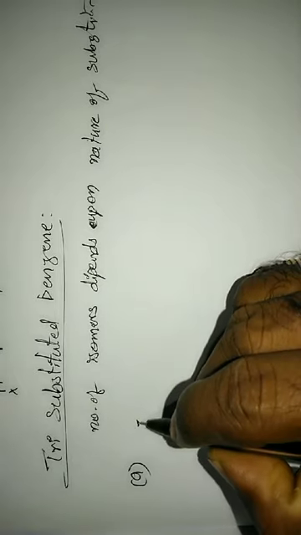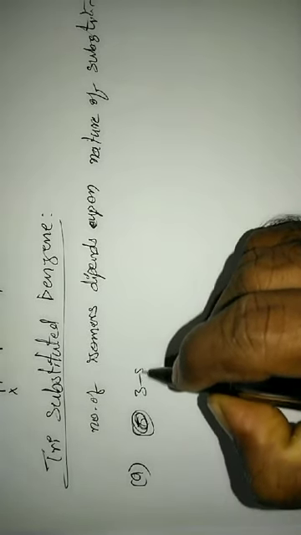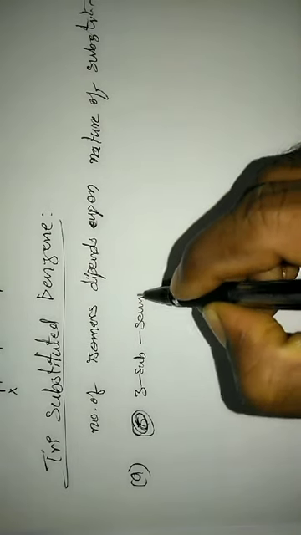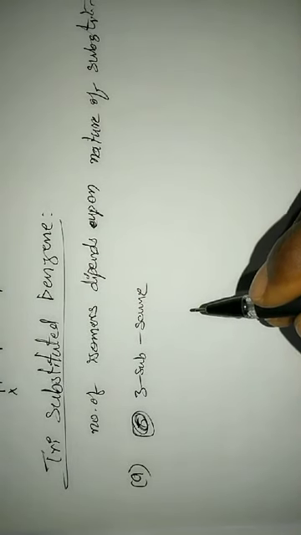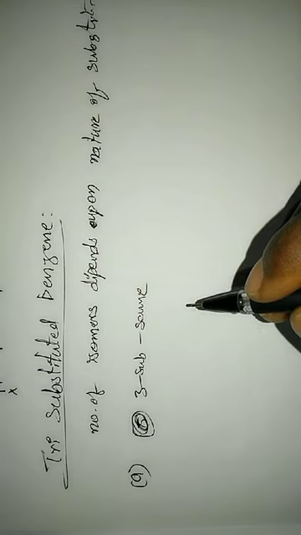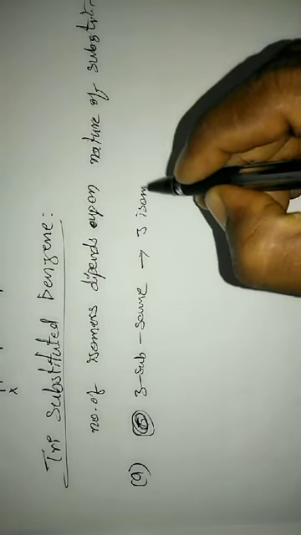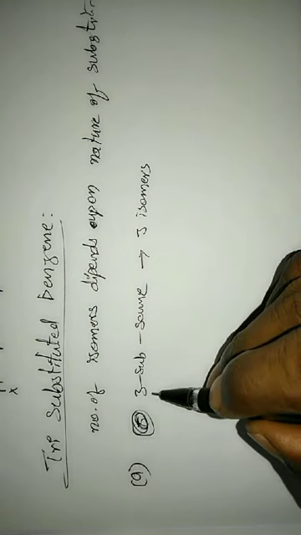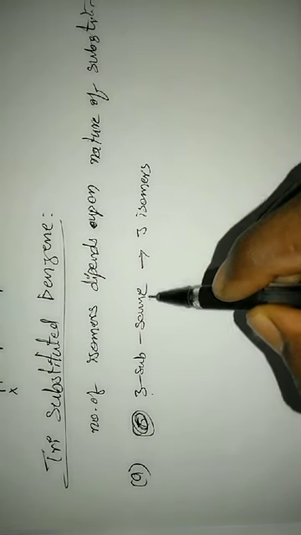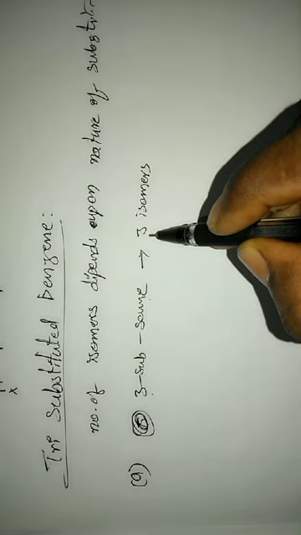Here, if you take case 1, if the three substituent groups are the same, then the trisubstituted benzene produces 3 isomers.